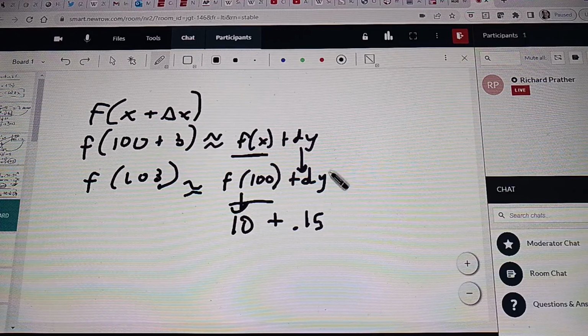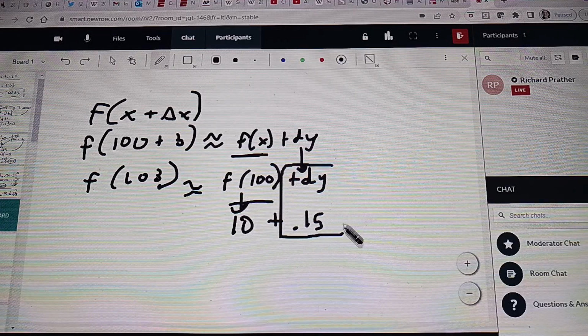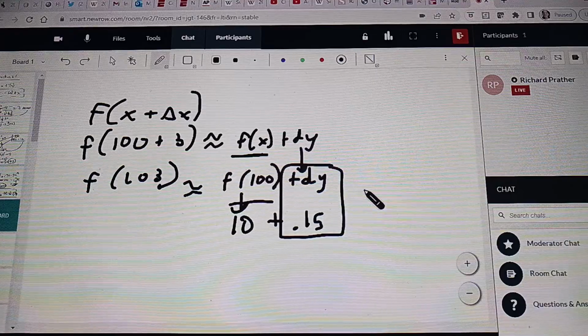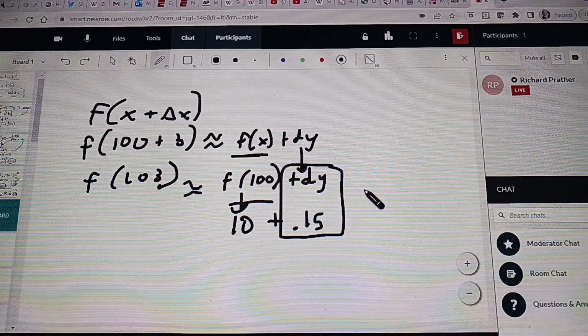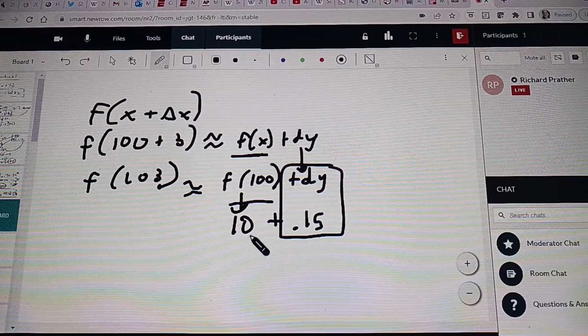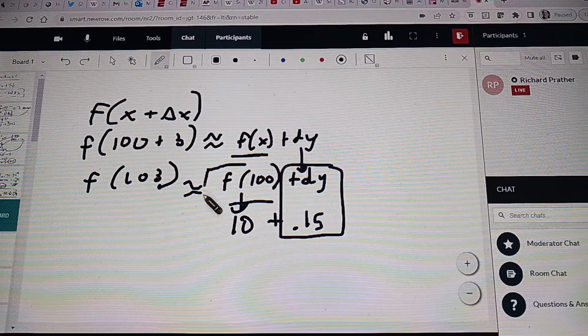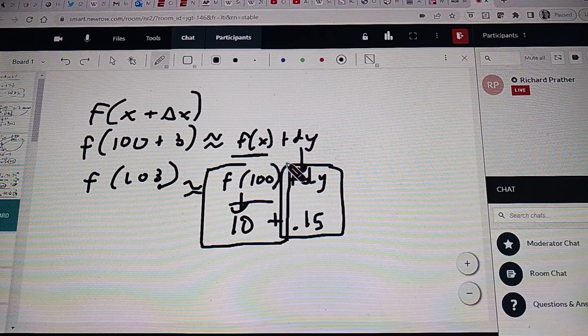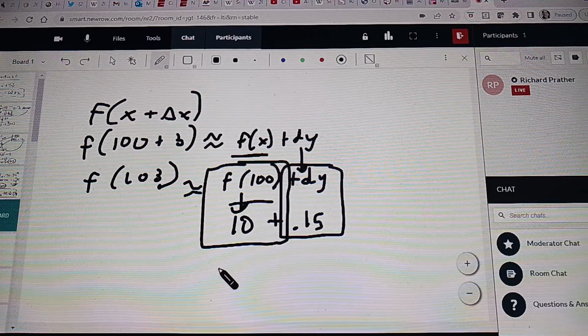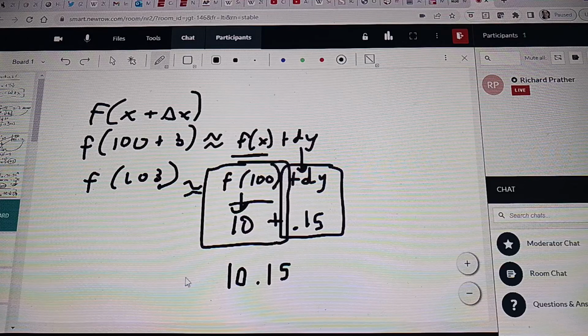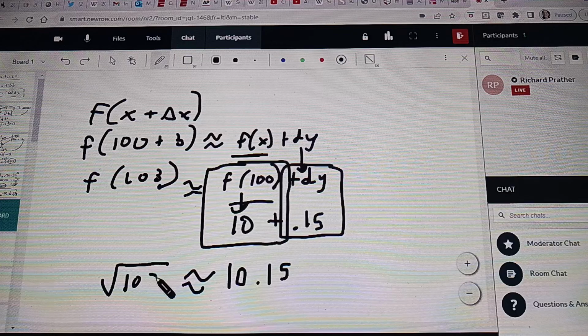In the first two problems, I just found dy. So if x changes a little bit, how much does y change? Y changed a little bit too, but then I have to add it back to my chosen value that was exact. So this would make the answer 10.15. This gives you a quick approximation. The square root of 103 is approximately 10.15.